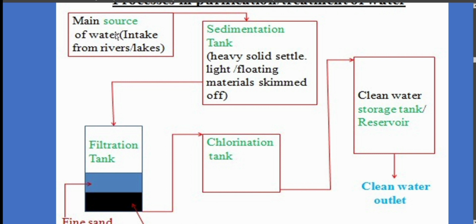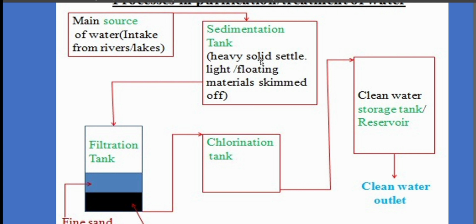From the source, we pump this water into the sedimentation tank. In this tank, the heavy solids will settle. The light or floating materials are skimmed off in the sedimentation tank.